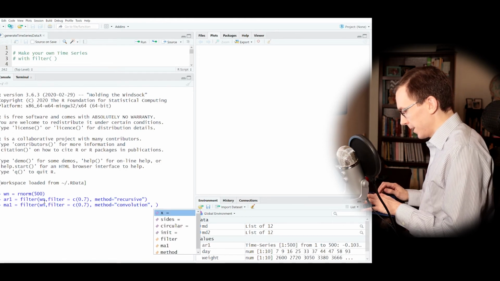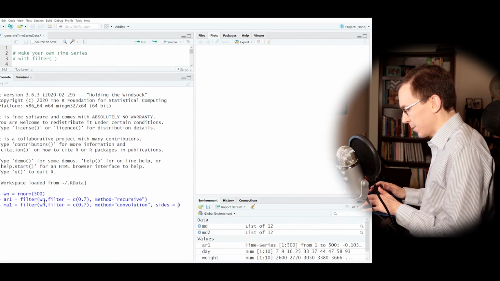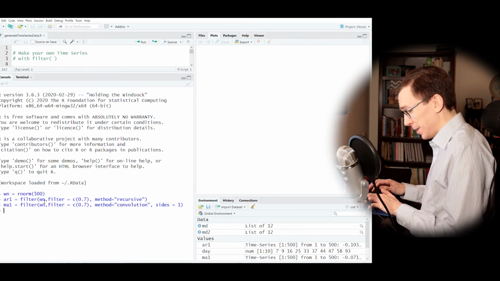And there's one other argument I'm going to need, which is sides. If sides is equal to 1, the filter coefficients are for the past values only. If they're 2, they're centered. So I want the past values.